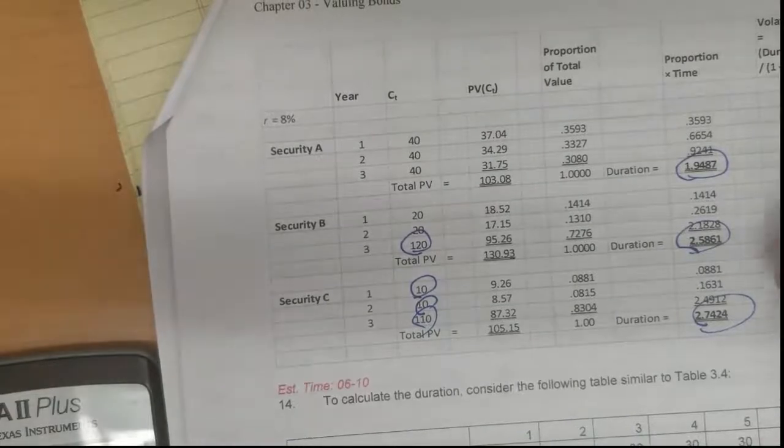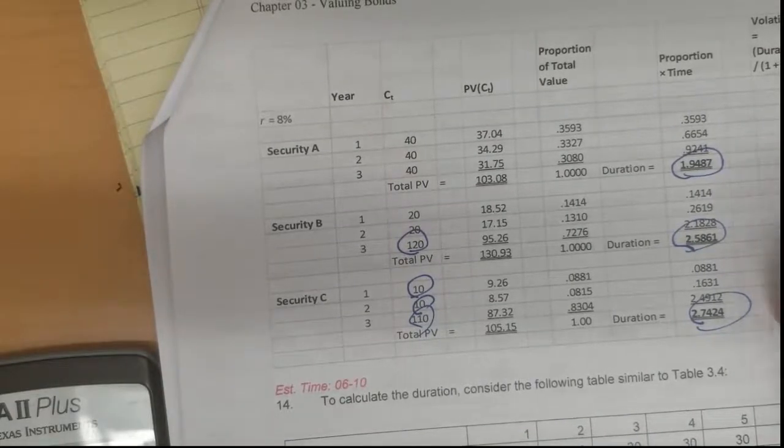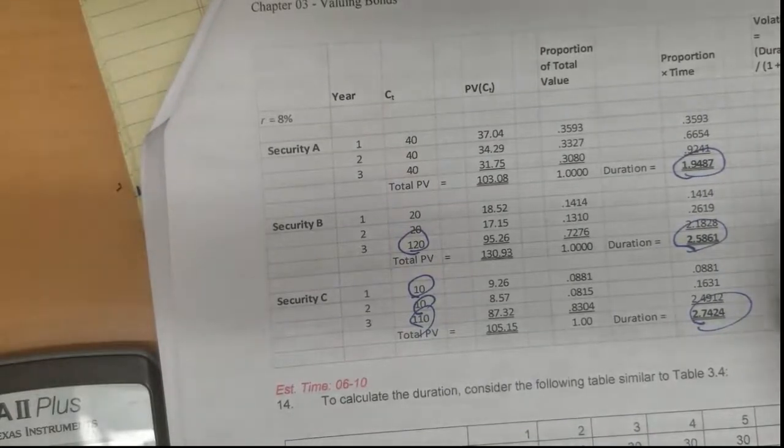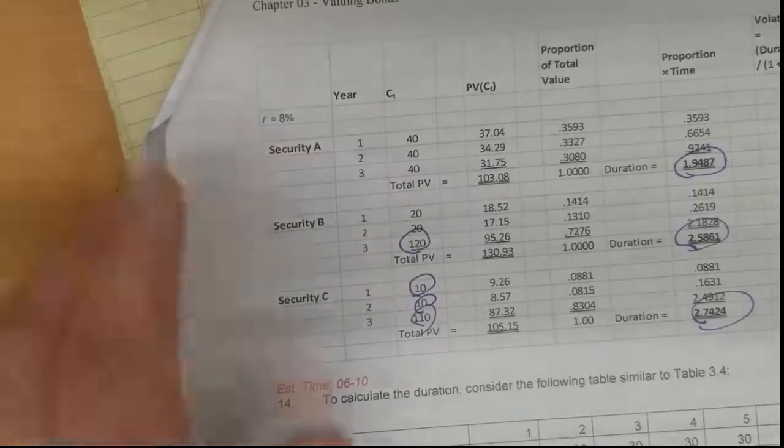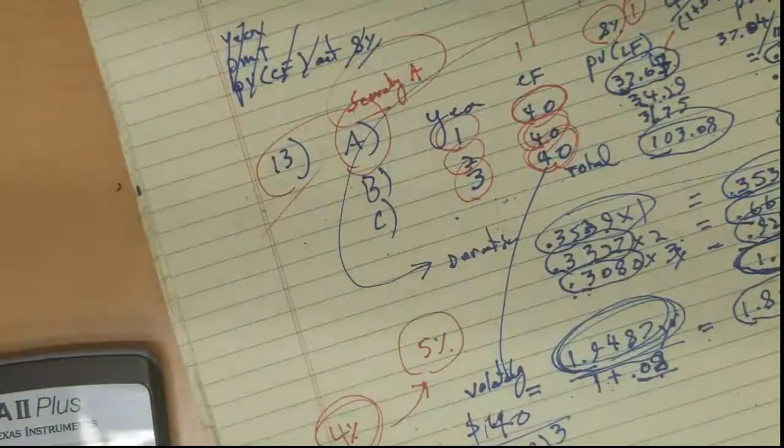Now, in terms of volatility and price sensitivity for a 1% change in the market rate yield, how would our bond price change? It would change by 1.8% in either direction. Now, this one right here, 2.39% and 2.54%. So just a heads up, that is number 13.